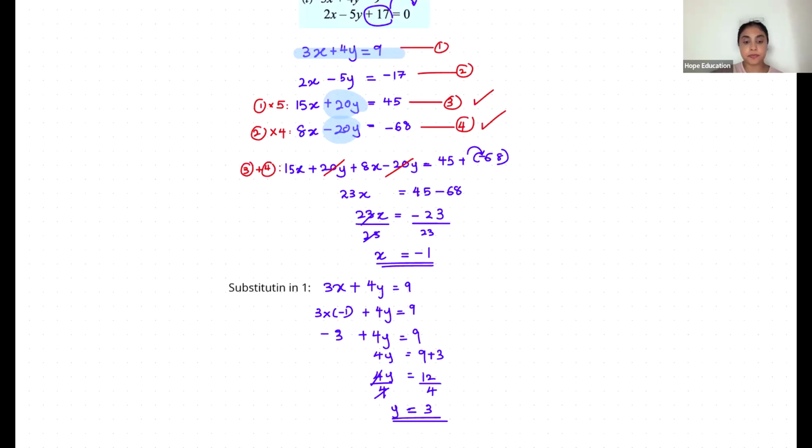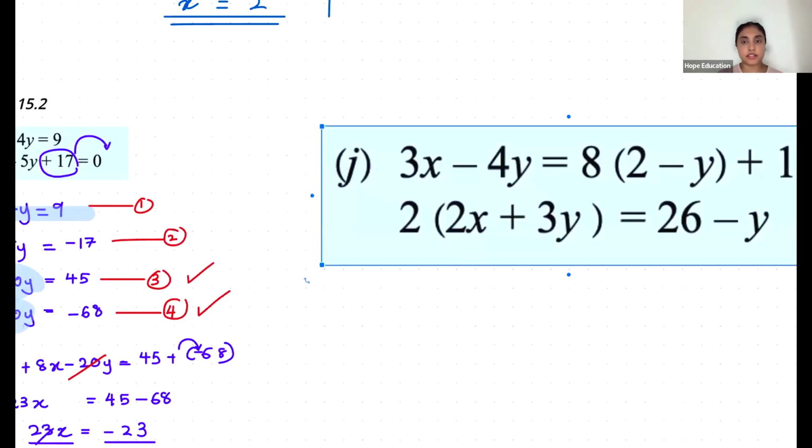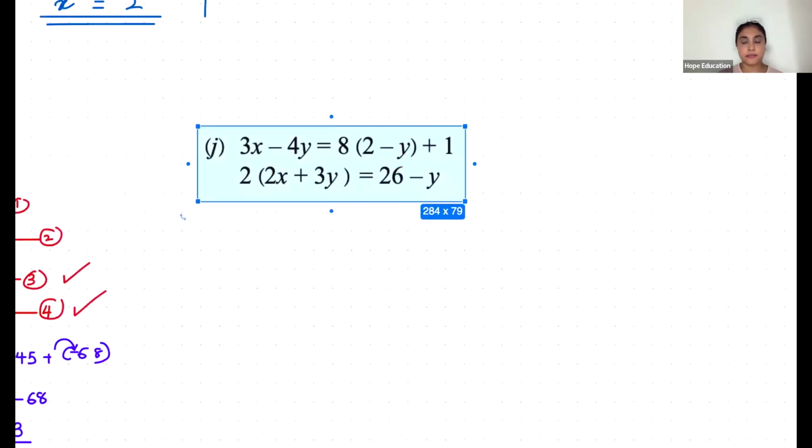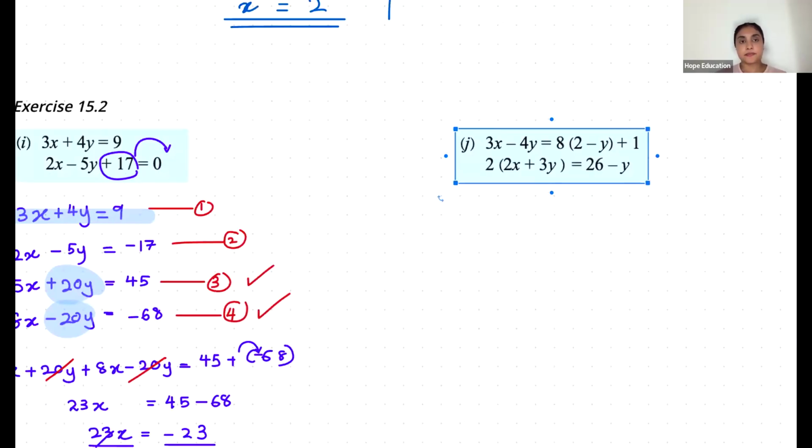J is the other one, right? Okay. Now J looks a little complicated, but we'll see. Did you all get an answer for J, Lamai? I'm interested to hear your answers. What did you all get for X and Y in J? Okay. And for Y?